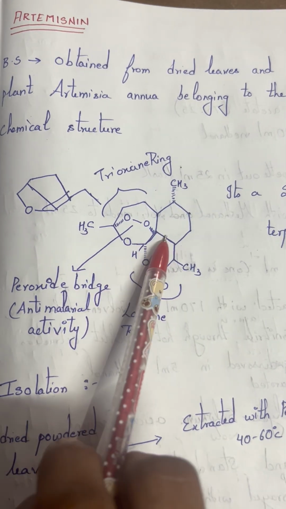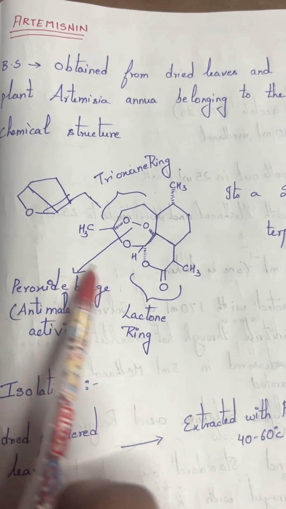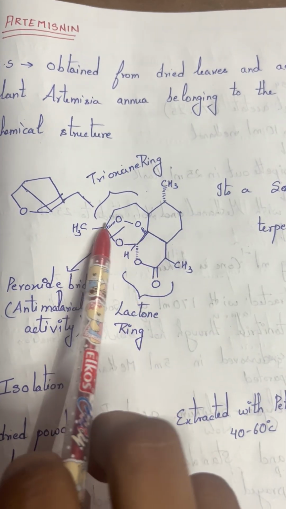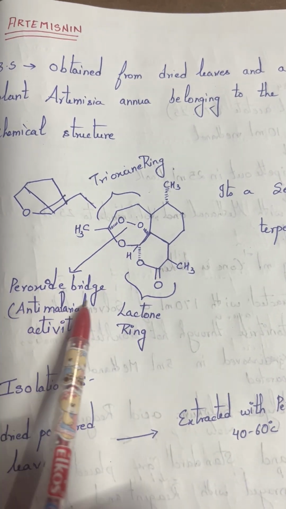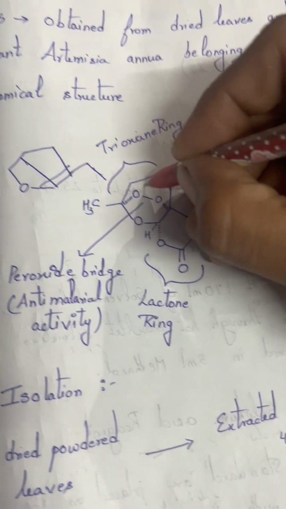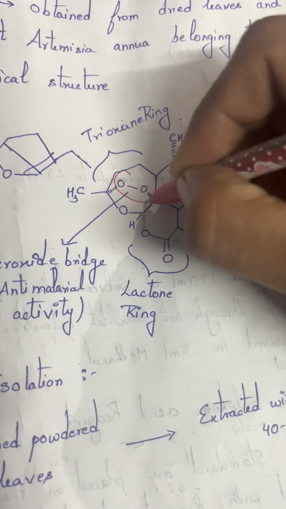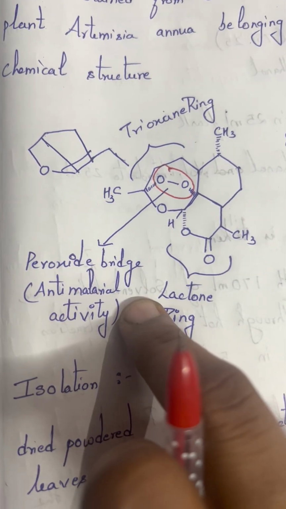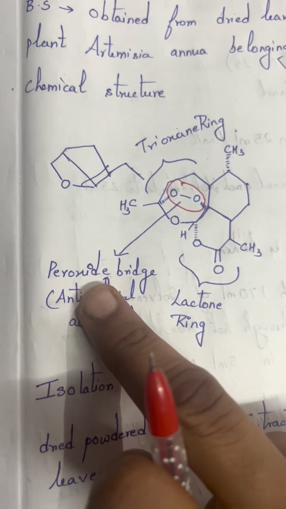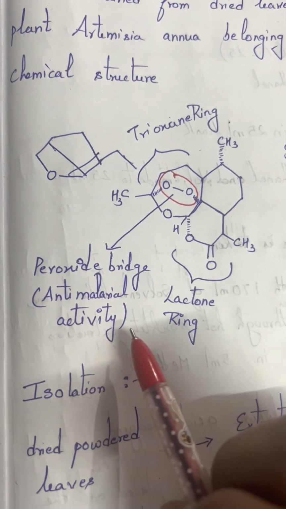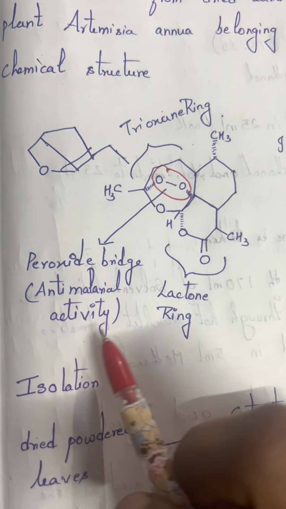This one is known as the trioxane ring. This trioxane ring in turn consists of a peroxide bridge. This linkage is known as the peroxide bridge. This peroxide bridge is helpful for showing the anti-malarial activity.